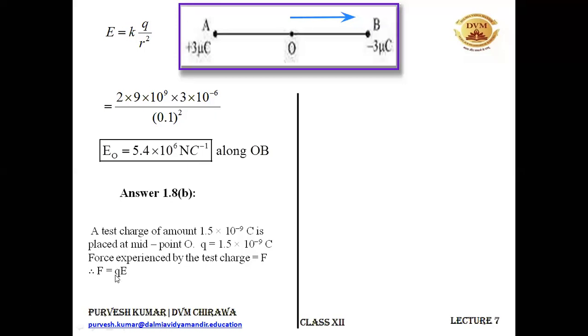So the value of this charge Q is 1.5 into 10 to the power minus 9 Coulomb. And the value of E at point O, we have just found out in our previous part, that is 5.4 into 10 to the power 6 Newton per Coulomb. So just put the values. Force becomes equal to Q, which is 1.5 into 10 to the power minus 9, the charge we have placed at point O, times the electric field at point O, which was 5.4 into 10 to the power 6, obtained in our previous part.